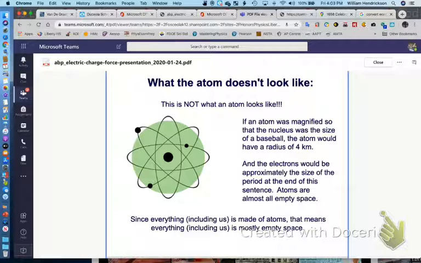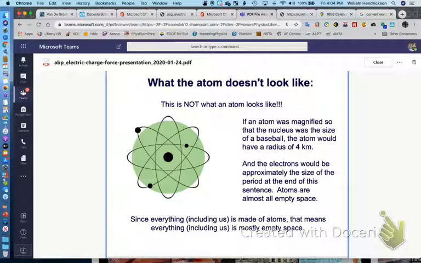And if you compact this down, a lot of times this is seen as a bullseye model, a series of concentric circles, rings, if you will. And you might have learned in chemistry the names of the rings counting out from the nucleus.